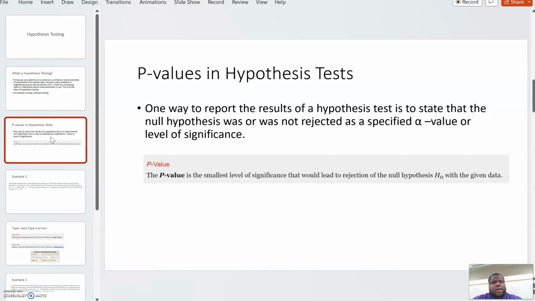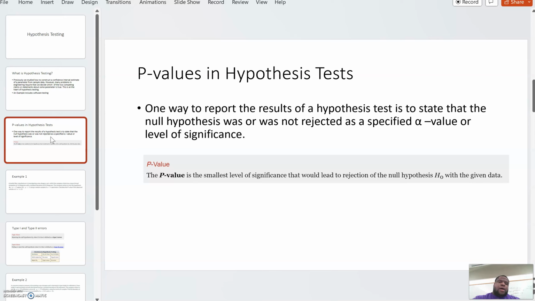So p-values. We've talked quite a bit about these before, p-values and hypothesis tests. One way to report the results of a hypothesis test is to state that the null hypothesis was or was not rejected at a specified alpha value or level of significance. So essentially what this means is we have a claim and we do an experiment, and then based off of the information that we got from the experiment, we will either accept the new claim or we will reject the new claim.